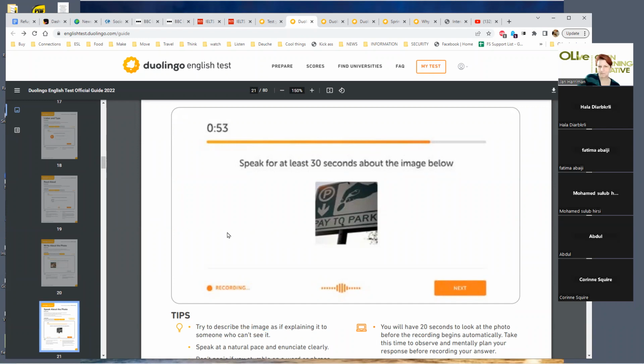This is the place where you have to pay in park. Okay, but describe the image. What do you see? What is that a picture of? It's a signboard. It's a picture of a sign. Yeah, a pay to park. Yes.